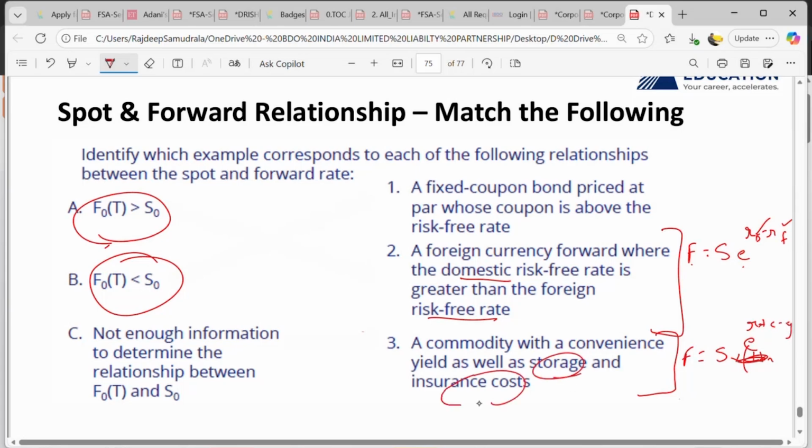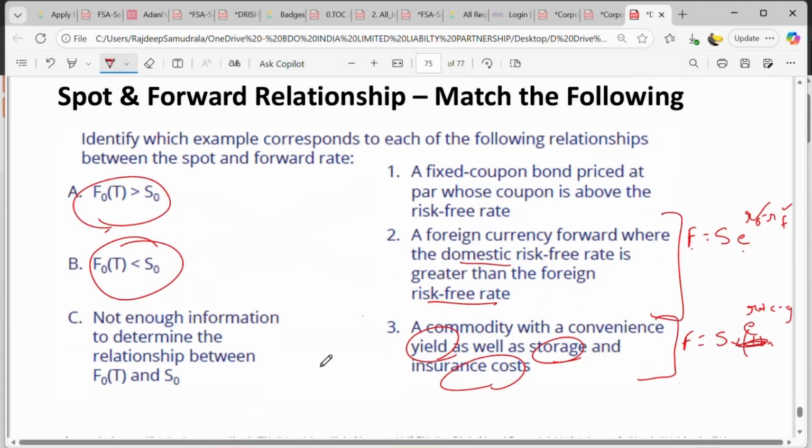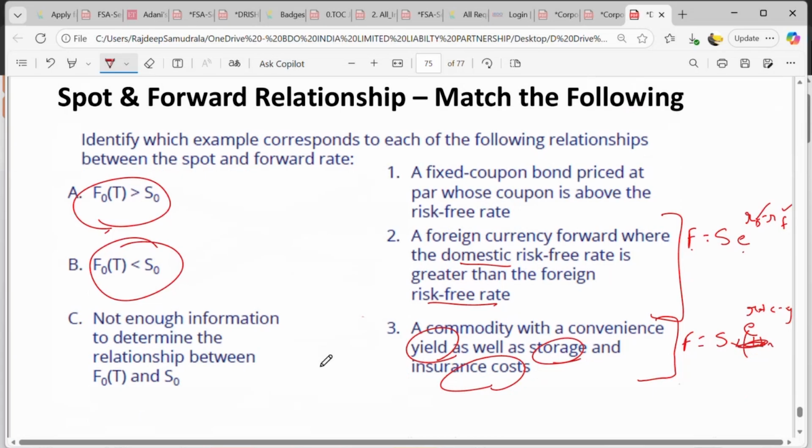So storage भी है, insurance भी है, yield भी है, तो ये सब आ जाएगा. तो forward and spot would move, either it'll be higher or lesser, correct? Because remember, if convenience yield is greater, then the answer might be lesser potentially, right?